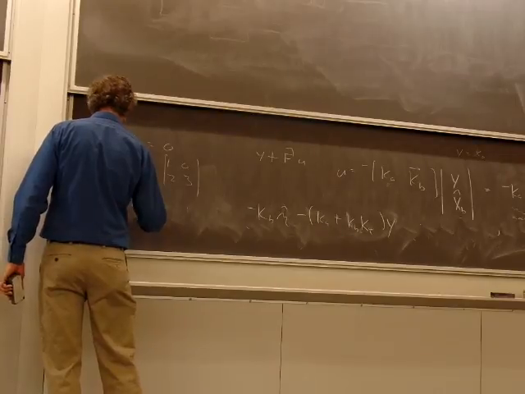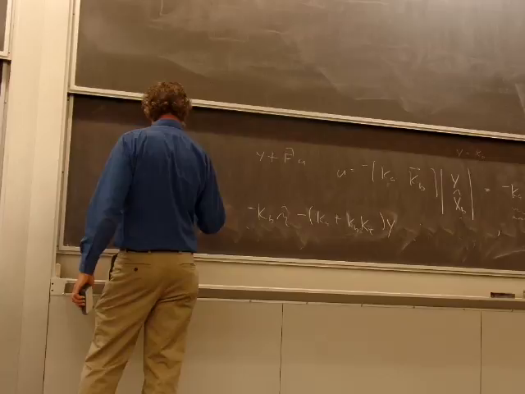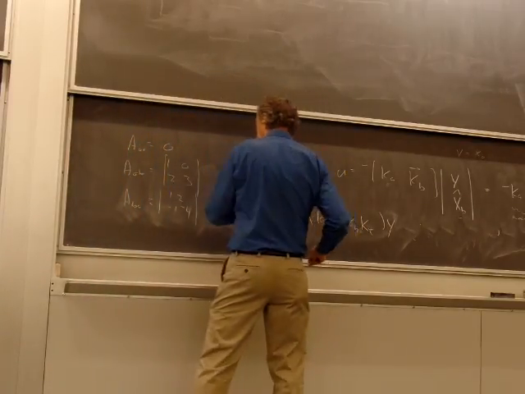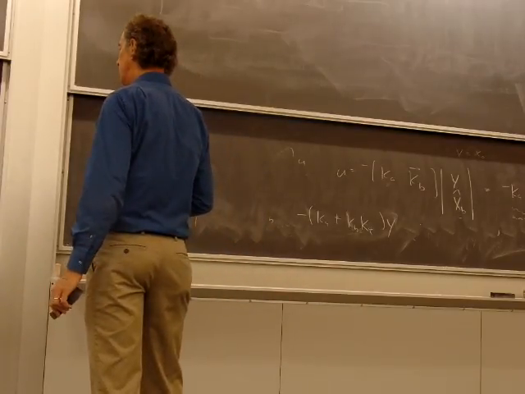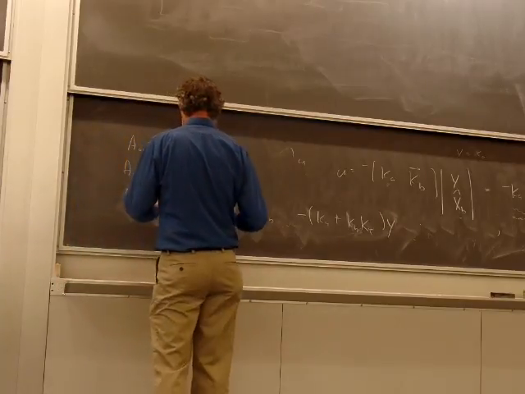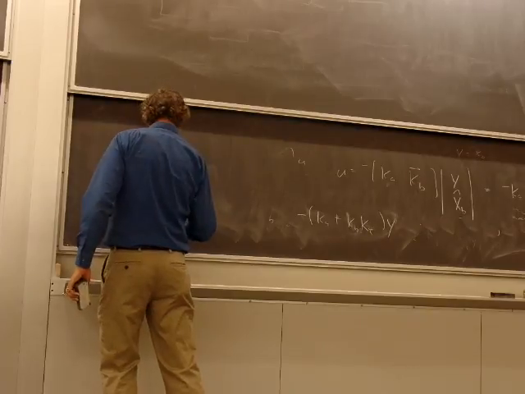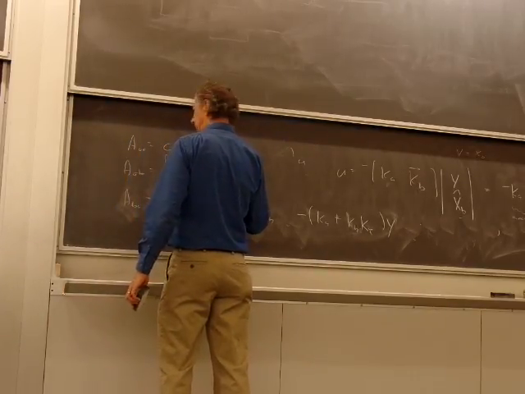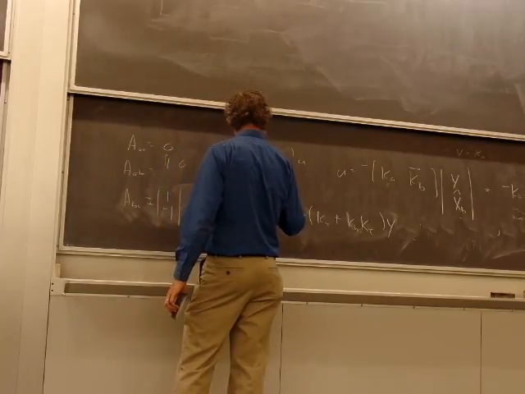My ABA is 1, 2, minus 1, minus 4. Oh, sorry, this is 1, 0. This one is 1, minus 1. Then ABB is 2, 3, minus 4, minus 5.